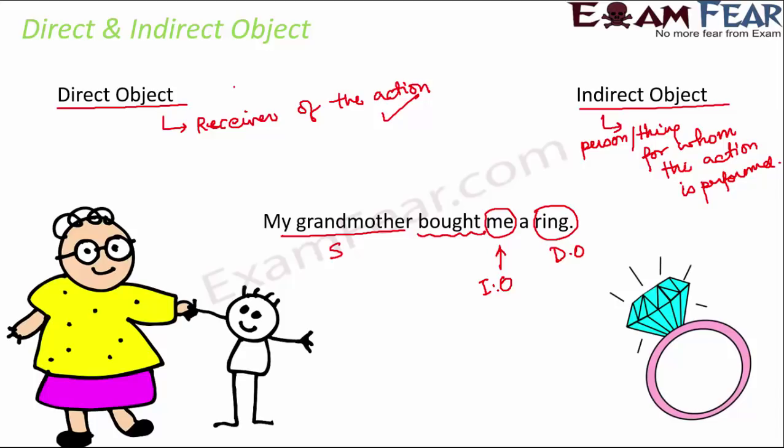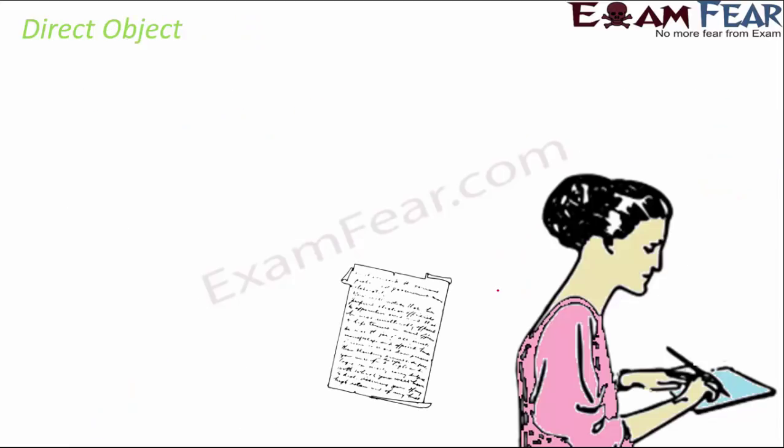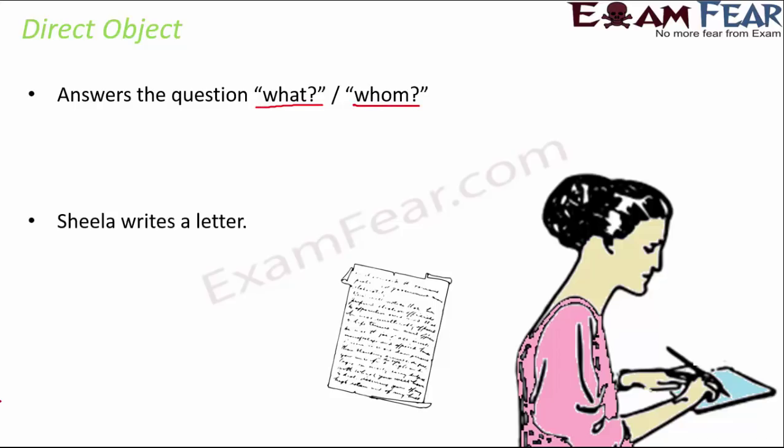So it's simple, right? But sometimes when you have complex sentences, it becomes difficult to identify direct object and indirect object. So let us focus on the direct object first. Whenever it comes to direct object, your clue would be to ask the question what or whom. Let's look at this example. Sheila writes a letter. So in this case, which is the action verb? Writes. And who is writing the letter? Sheila.